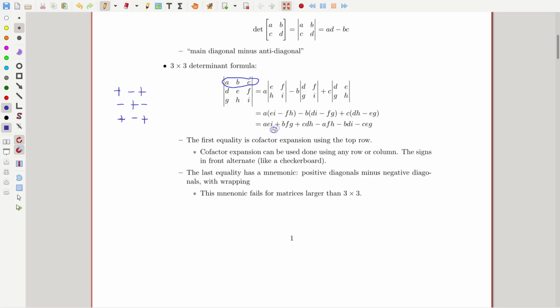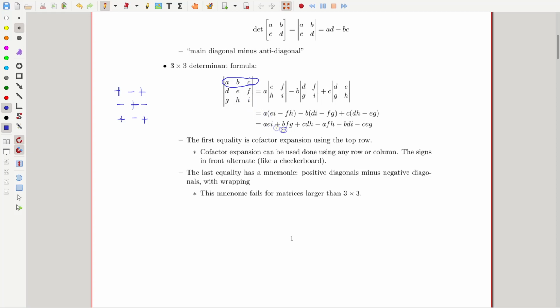By doing that, you can spot a pattern. As I'm writing, it's positive diagonals minus negative diagonals. AEI, if we visually see where it is, you can call it a positive diagonal, even though it has negative slope.